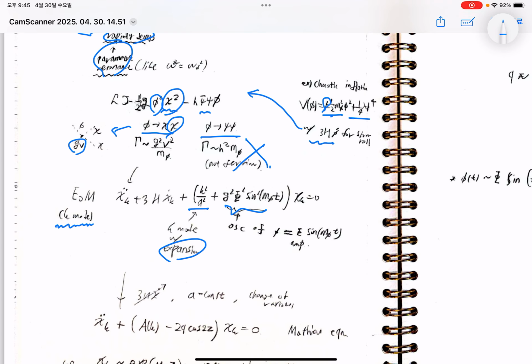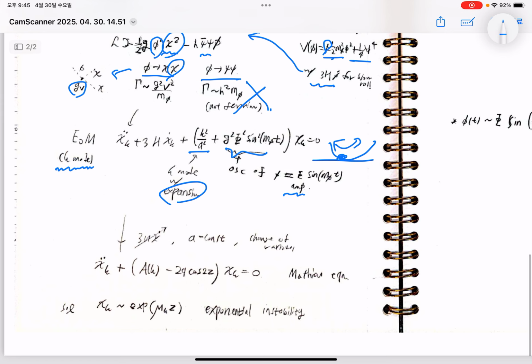And the inflaton oscillates at the minimum of the potential. So this gives us such a harmonic oscillation form, where the capital Phi is the amplitude and the oscillation frequency is given by the inflaton mass. And in this case, we ignore the Hubble friction term, and the expansion of the universe is just turned off. The scale factor a is a constant, and by the change of the variable, we can obtain the Mathieu equation, which is a difficult form.